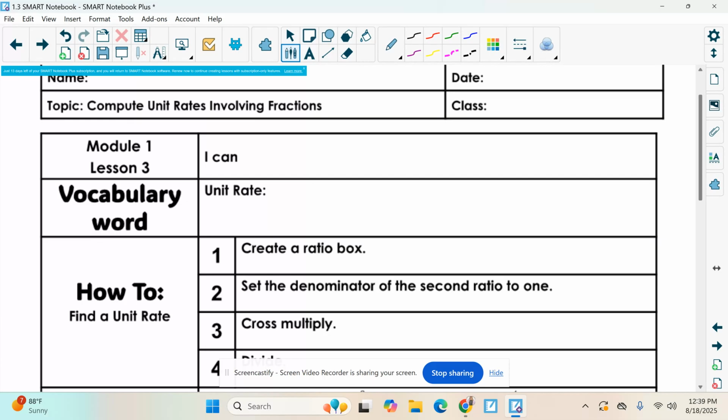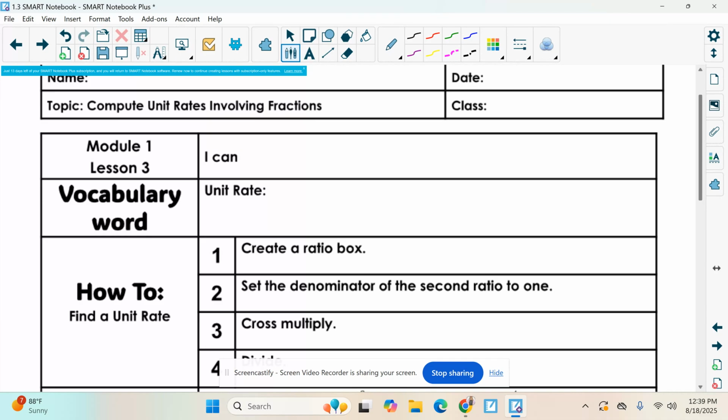Alright, so who thinks they could tell me what unit rate means based off of your notes from the first page? Okay.